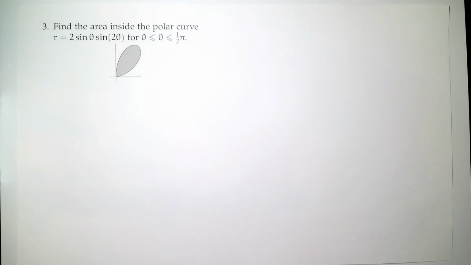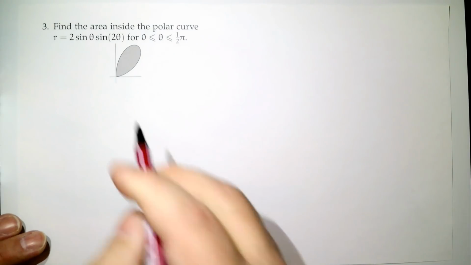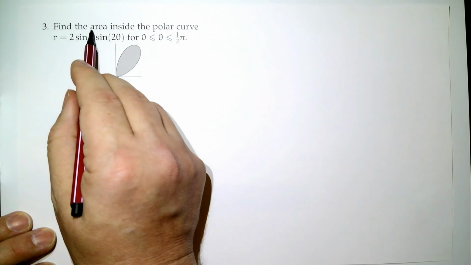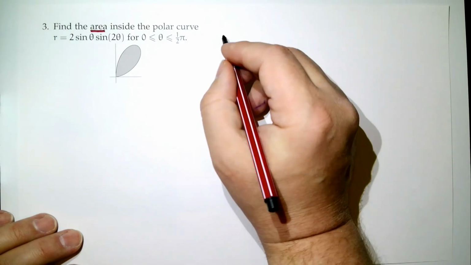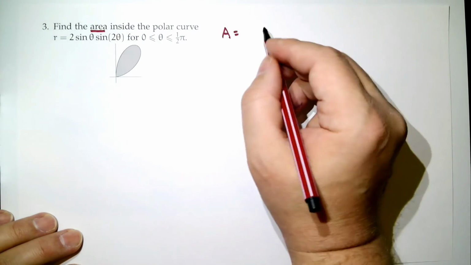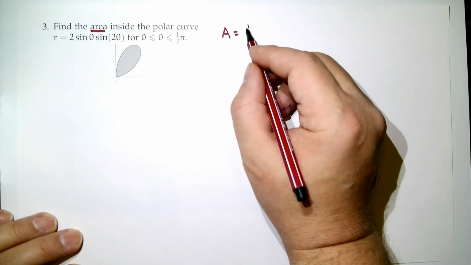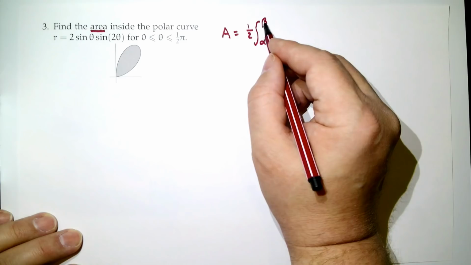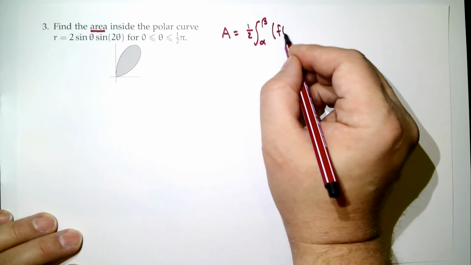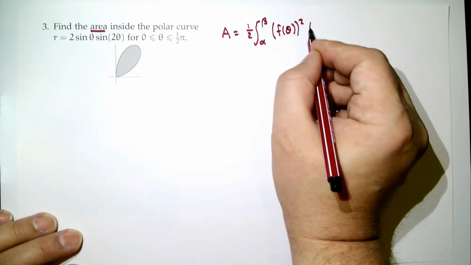So here we have to think about the area. And we're in polar coordinates, so you have to remember the area formula. So what's the area formula? Area is equal to 1/2 integral from alpha to beta of f of theta squared d theta.